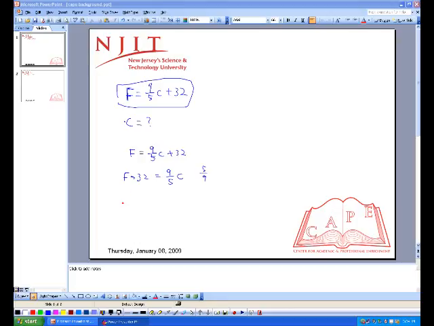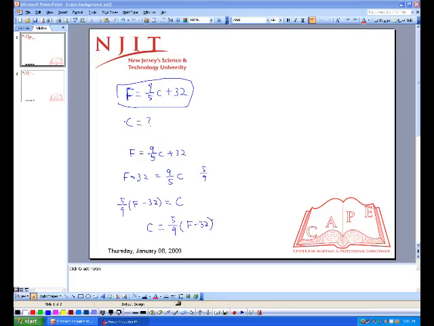So if we multiply both sides by 5 over 9, F minus 32, this would give us just simply C, because 5 over 9 and 9 over 5 cancel out. So in the end, we can write an equation like this: C is equal to 5 over 9 multiplied by F minus 32.